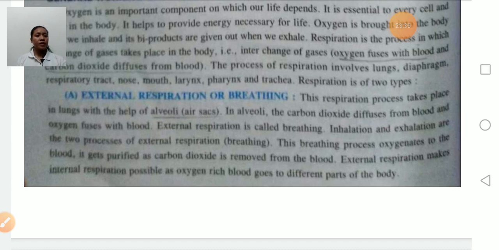In external respiration, carbon dioxide is diffused from the blood, that is, taken out from the blood, and oxygen is diffused into the blood.